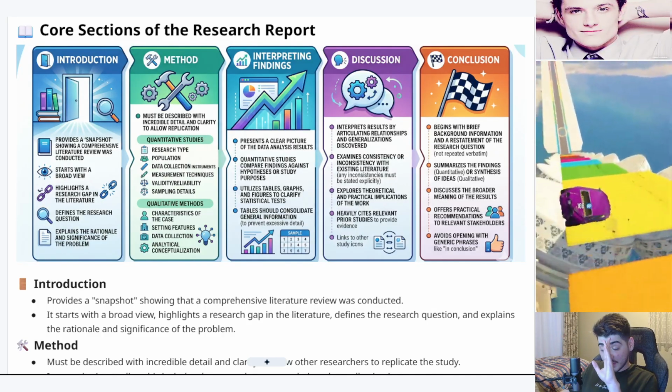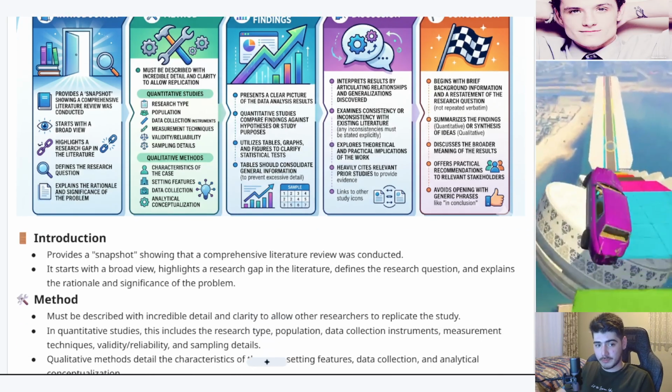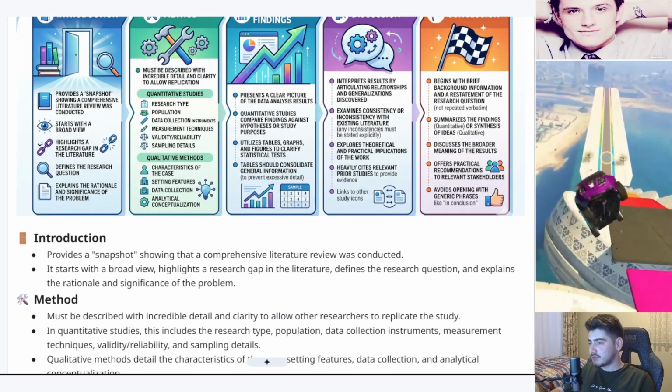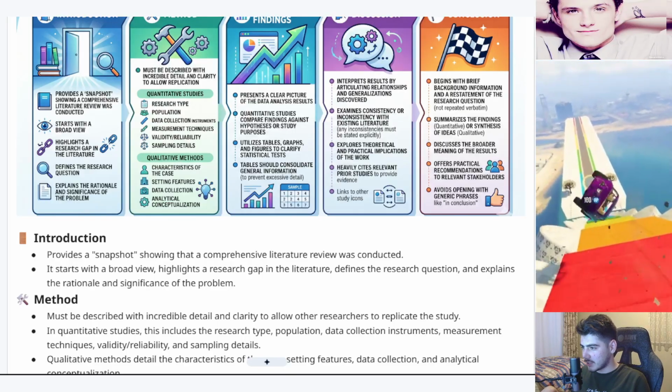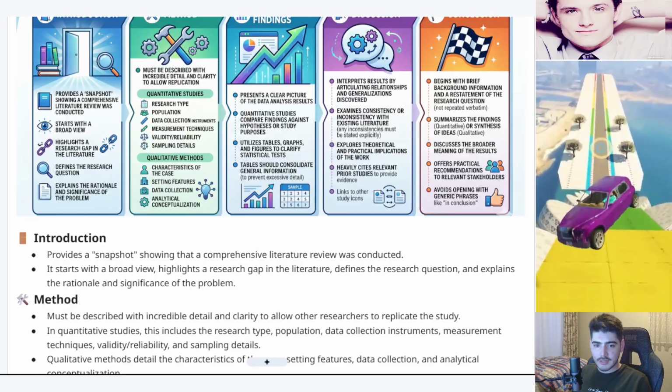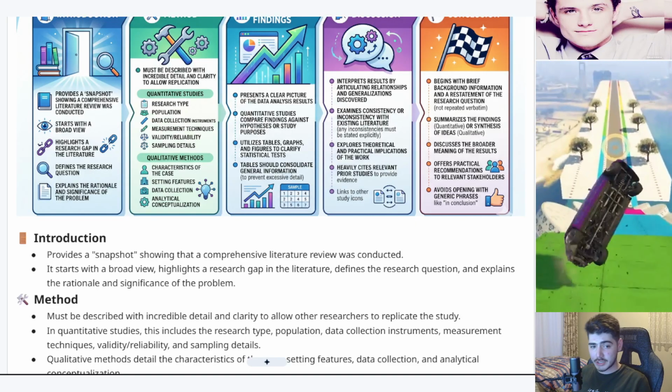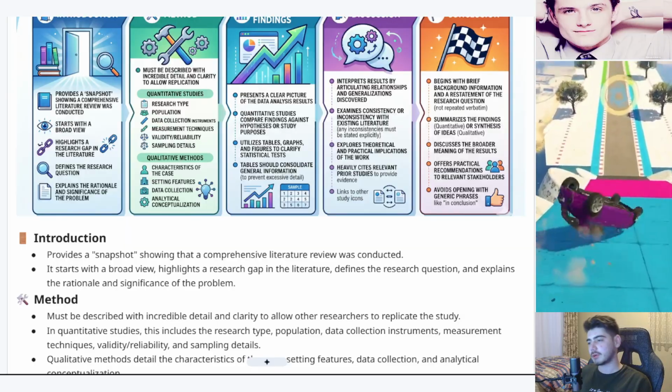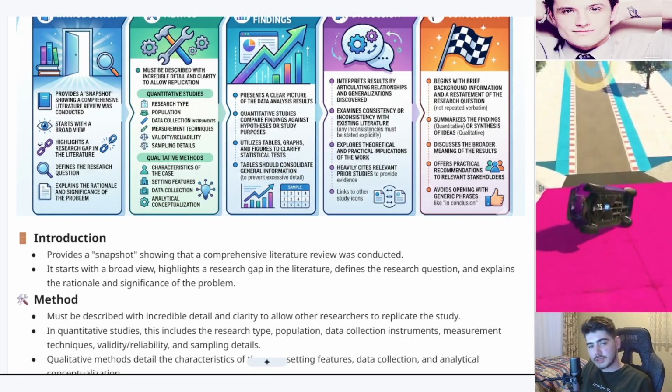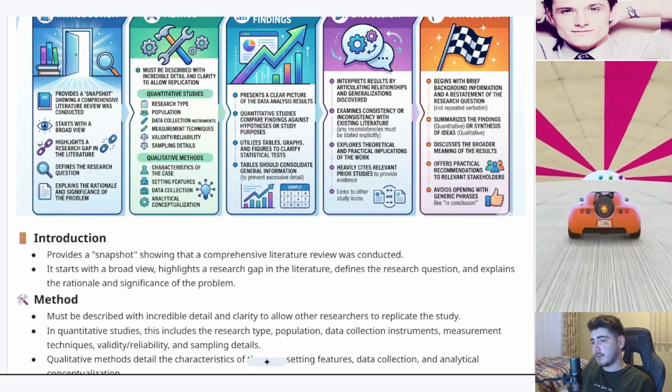And then it starts with a broad view. So it highlights a research gap in the literature. It defines the research question and explains the rationale and significance of the problem. So it introduces you to what will be happening.